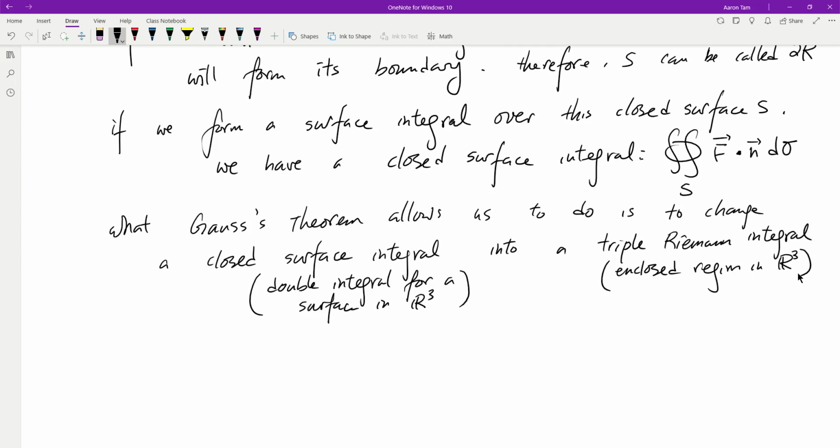So that's what Gauss's theorem allows us to do. And it fixes the problem where before we had a double integral but were dealing with something in R3. Now it fixes the problem by turning it into a triple integral.